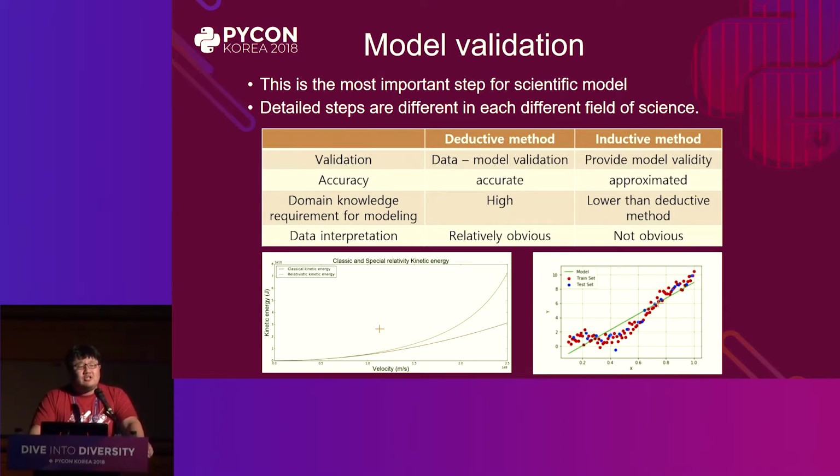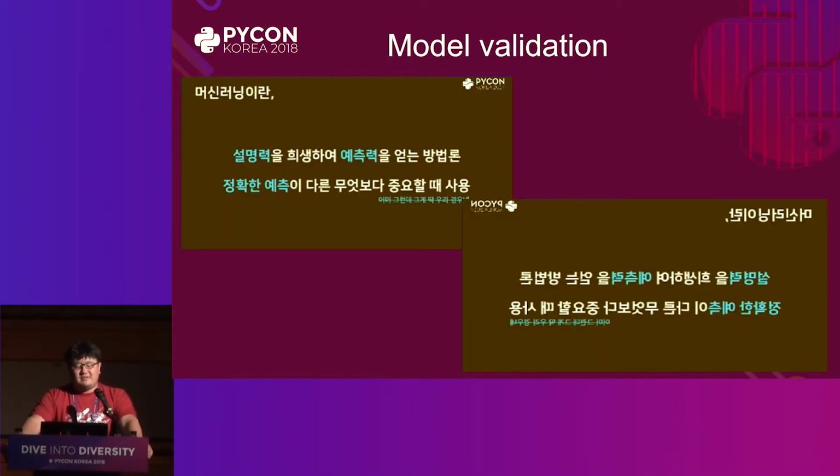So this is why you need to learn science to do machine learning or deep learning. If you don't know about it, then you will make mistakes. I will give you an example. Last year, I saw a presentation saying machine learning is sacrificing reasoning to have higher accuracy.